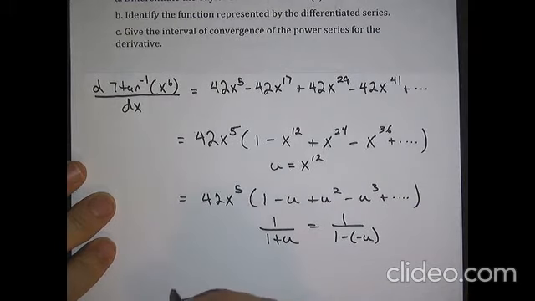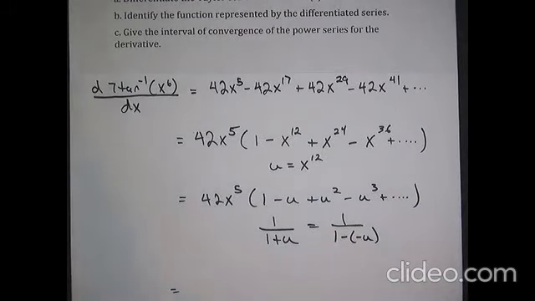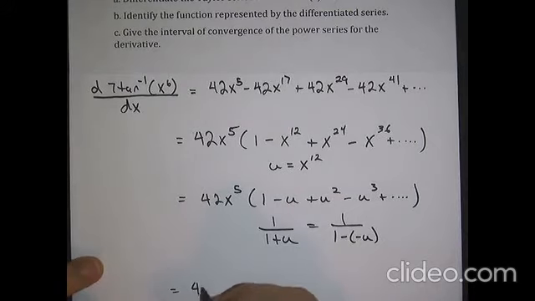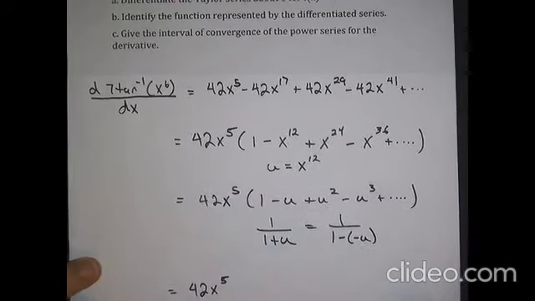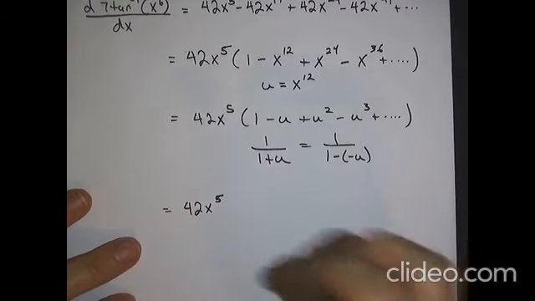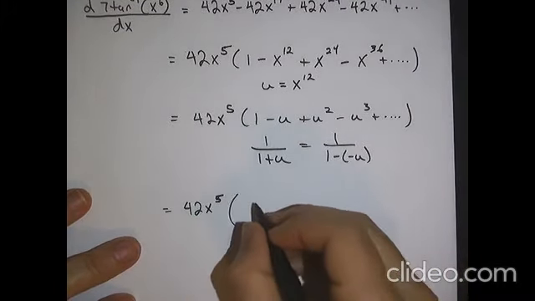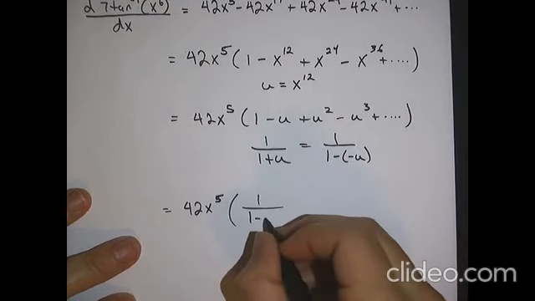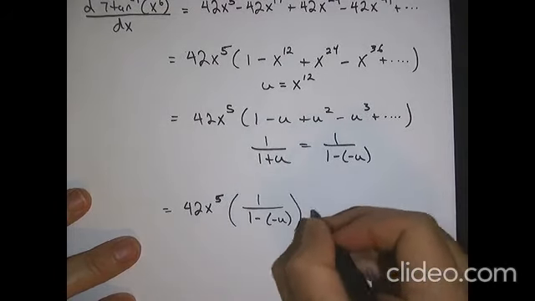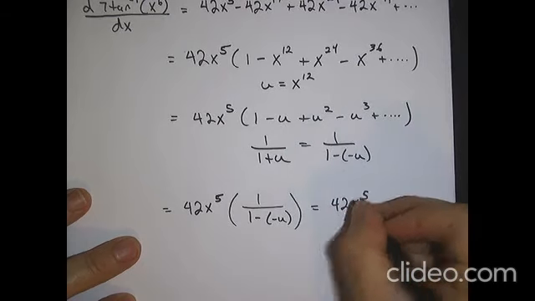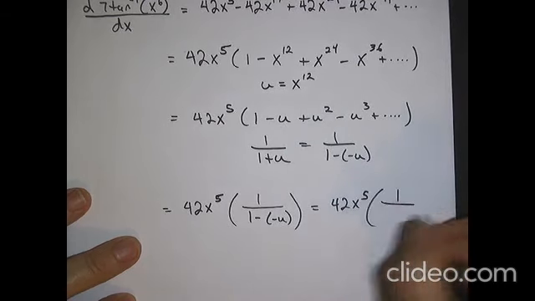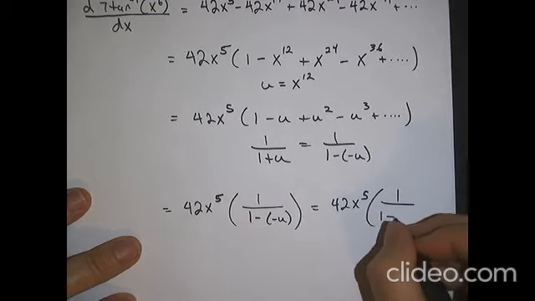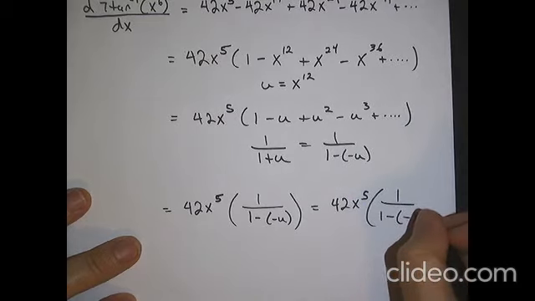Okay, so either way, we can now expand this out using a geometric series, which would give us 42x to the 5th times 1 over 1 minus a negative u, which is 42x to the 5th times 1 over 1 minus a negative x to the 12th.